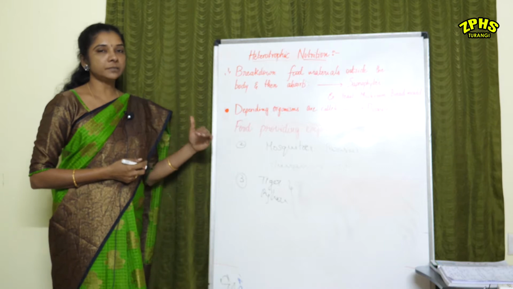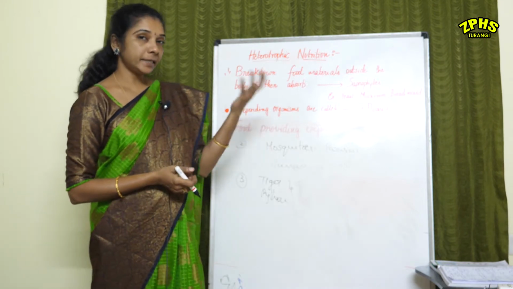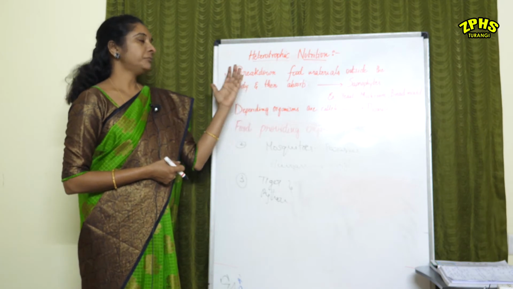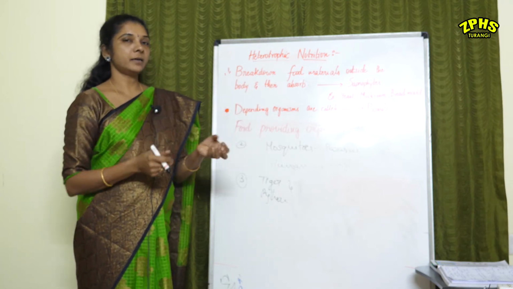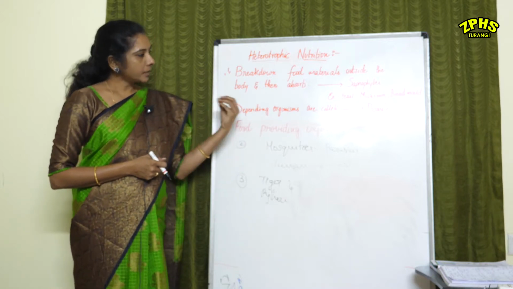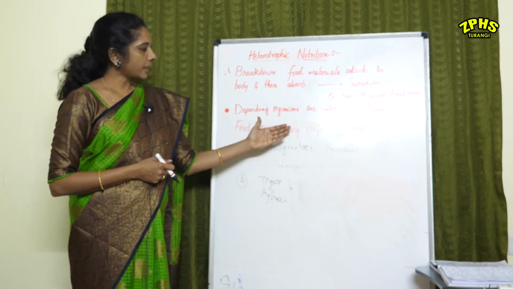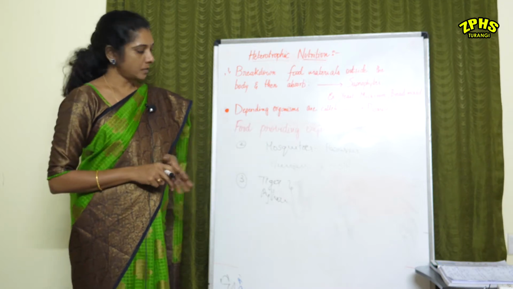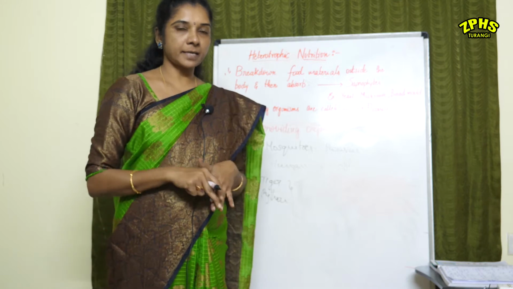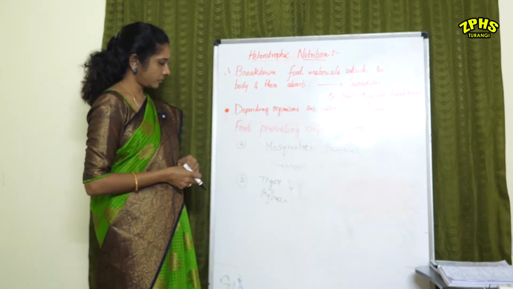So these are the different food intaking methods. One is where outside the body the food material is dissolved and the organism absorbs. Second is they get the food from the organism without killing it. Third is they take the organism completely inside the body and then digest it.